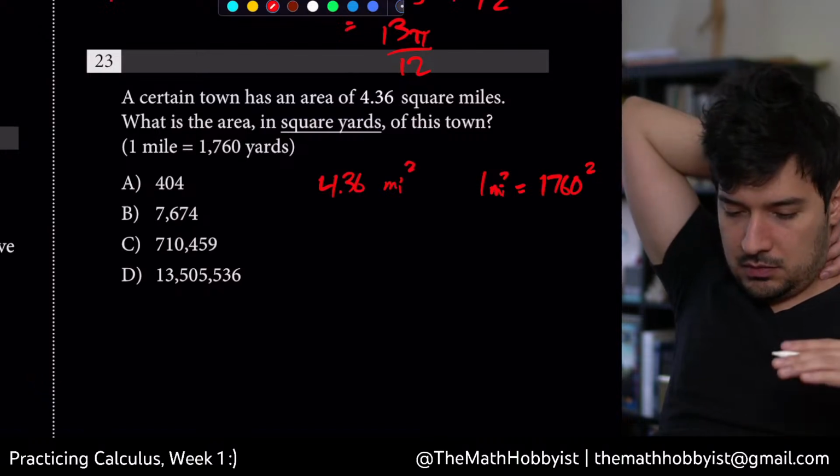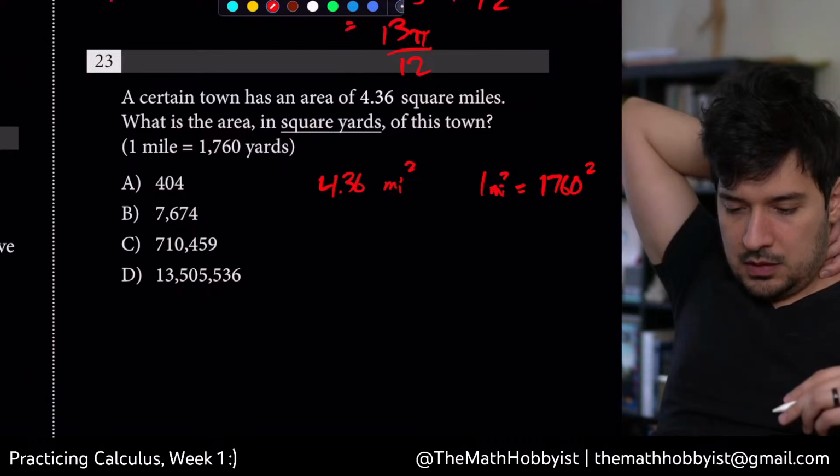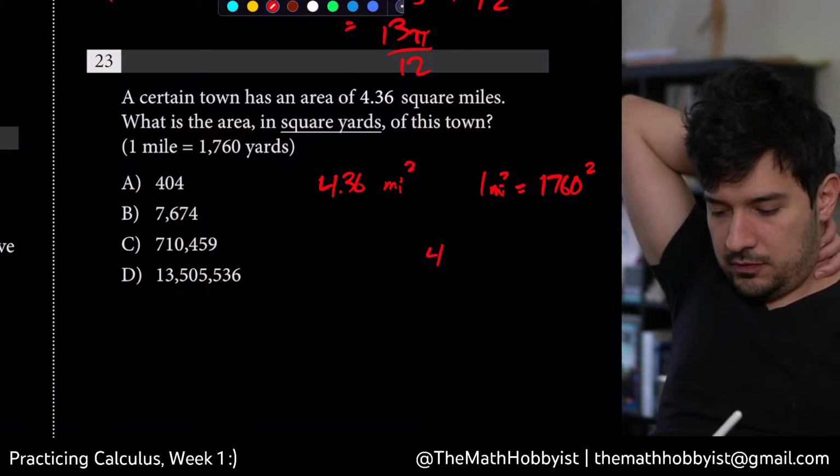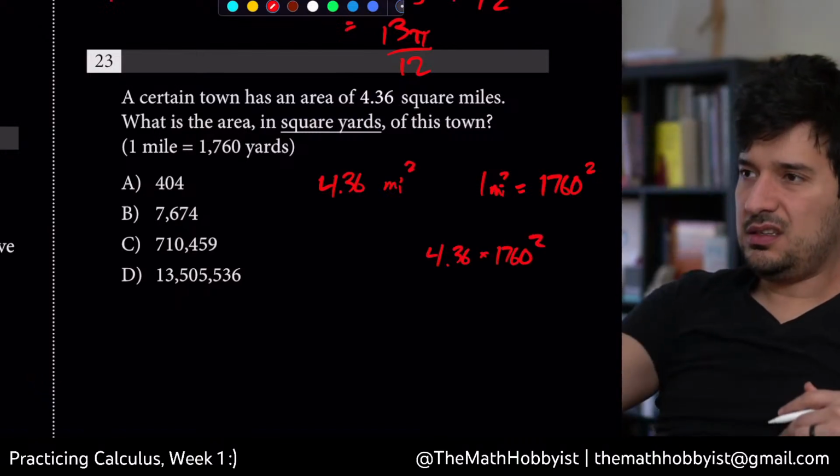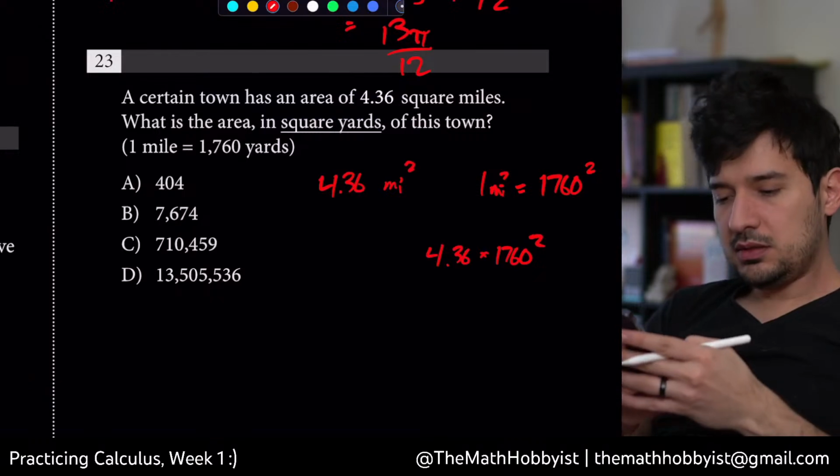Yeah. So then 4.36 times 1760 squared, I think. Is that how this one goes?